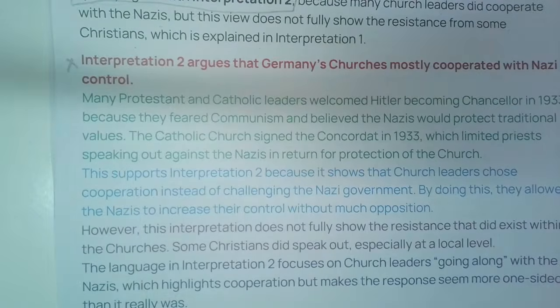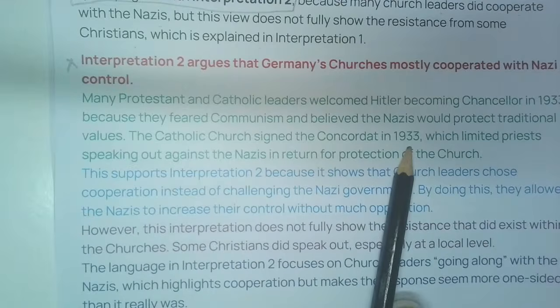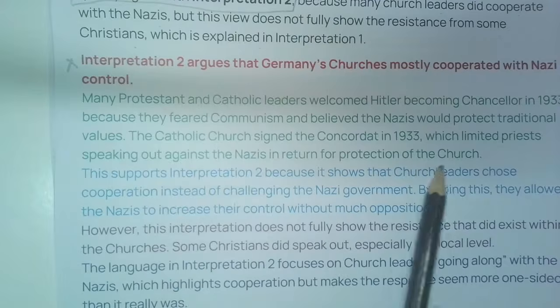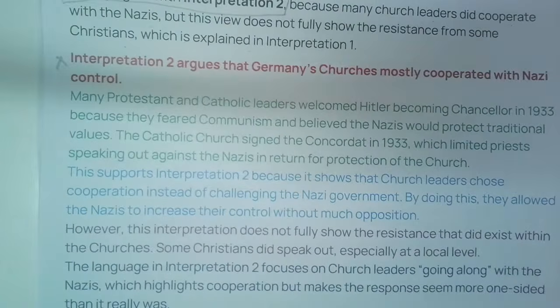That was in the interpretation. That's not particularly difficult. Then the Catholic Church signed the Concordat in 1933, which limited priests speaking out against the Nazis in return for protection of the church. We said that in question 3A. Again, we're not reinventing the wheel here. This is stuff we've already done.